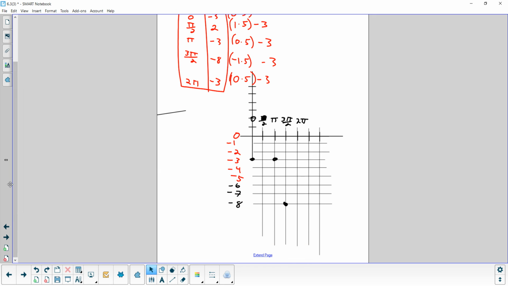And 2 pi, we're back at -3. It is symmetrical. I don't think my line spacing is perfect, but that's fine. So it should go like this. And there's your sketch.